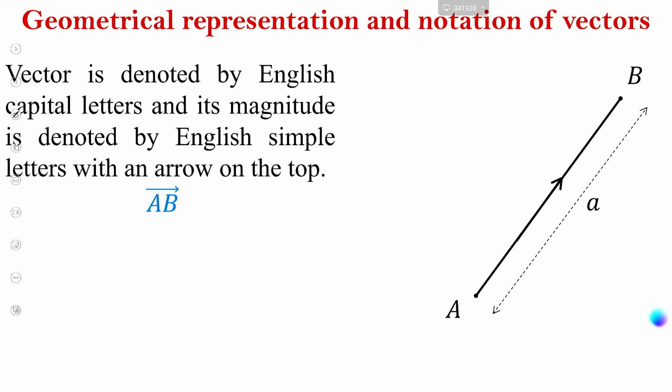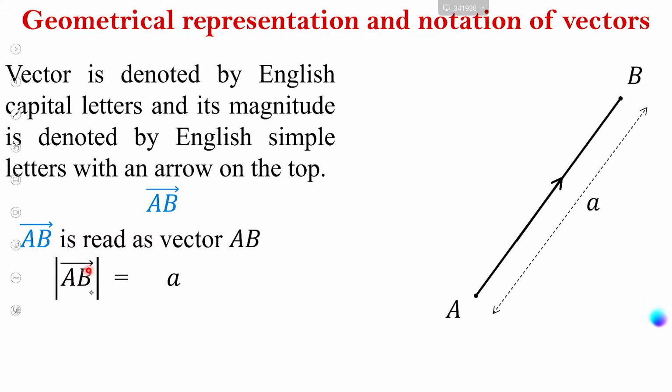Here A is the starting point and B is the end point. So we mark AB and draw the arrowhead from A to B. This is read as vector AB, not AB arrowhead, not A to B arrowhead. We read it as vector AB.